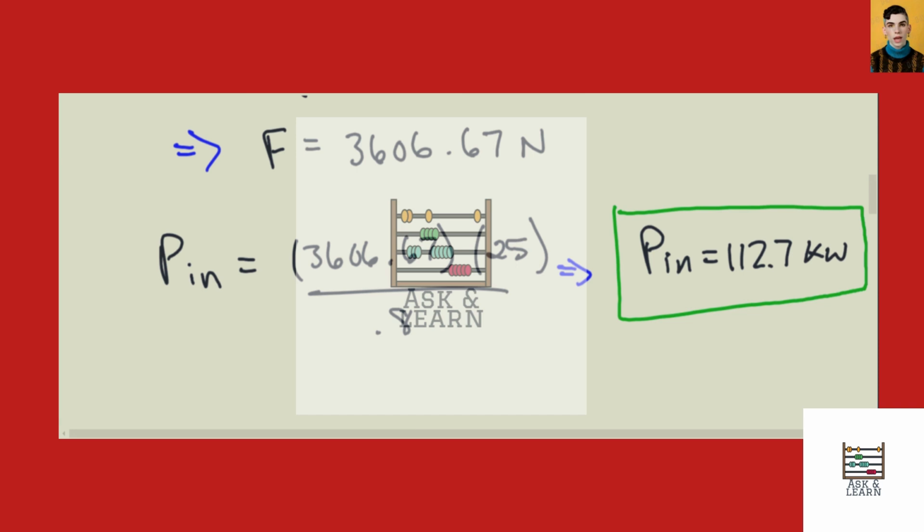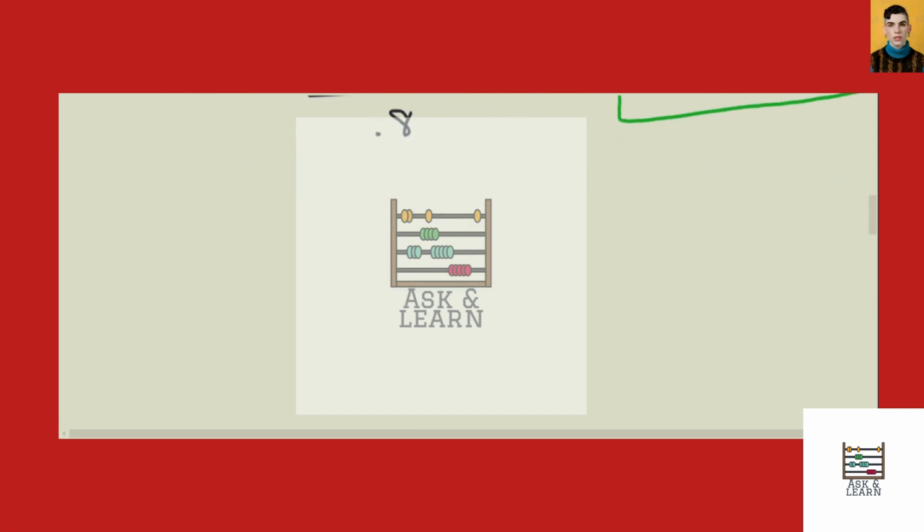So for the next part of this question, you want to find the average power that the engine supplies for this car. We know that the average power that the engine exerts is equal to the force times the average velocity. And average velocity is just final velocity, which we'll call v2, plus initial velocity, divided by 2.